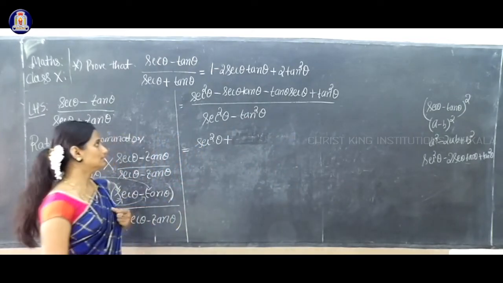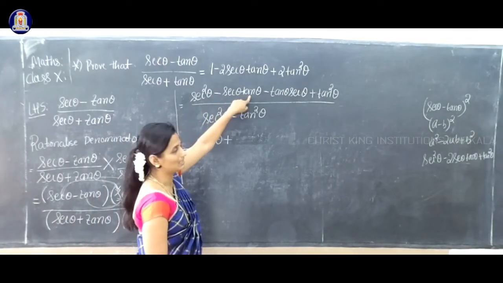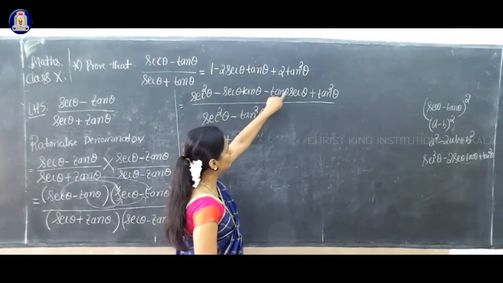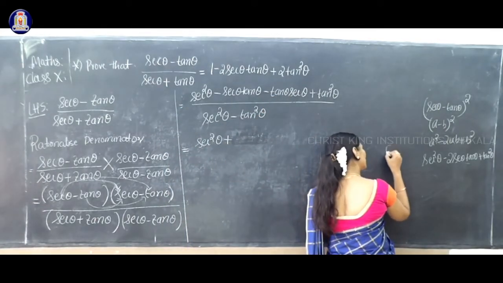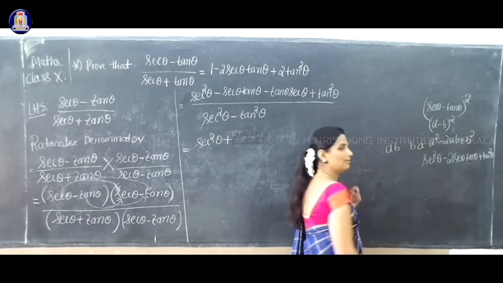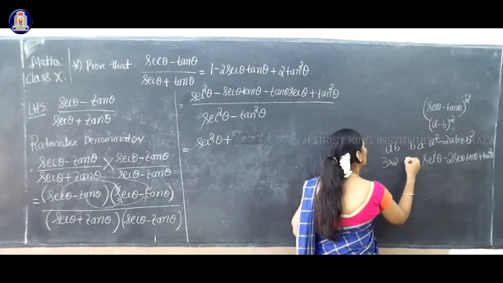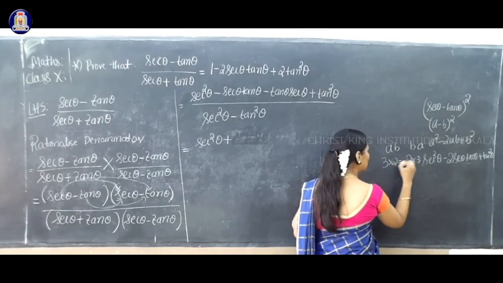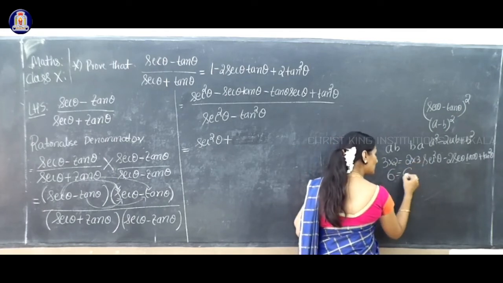So now next, minus secant theta tan theta minus tan theta secant theta. Is a into b the same as b into a? Both are same or not? Same, right? Like 3 into 2 and 2 into 3: 3 into 2 is 6, and 2 into 3 is 6.